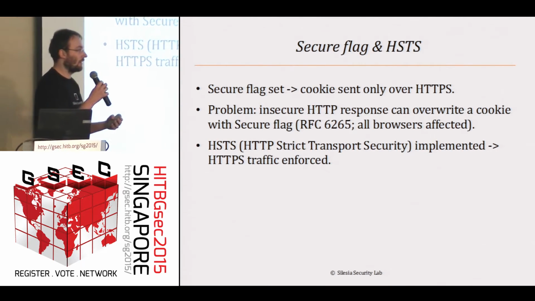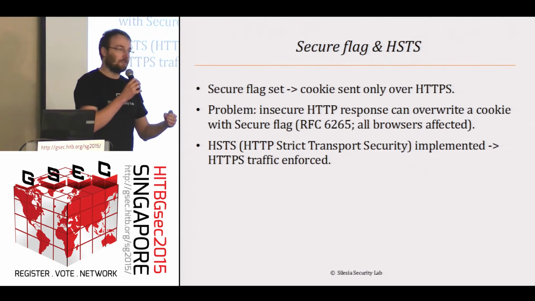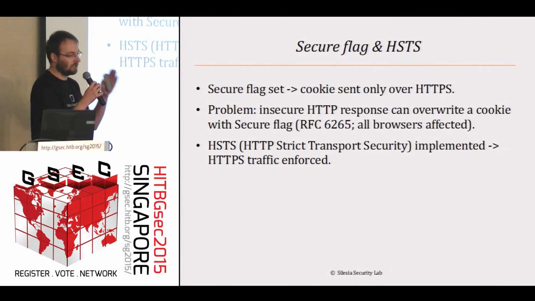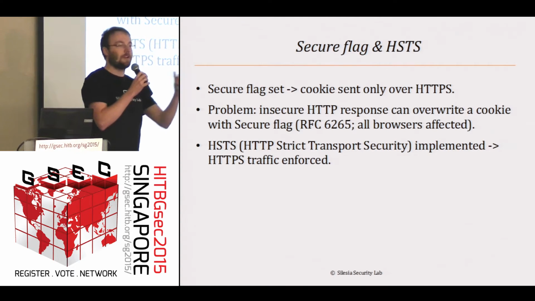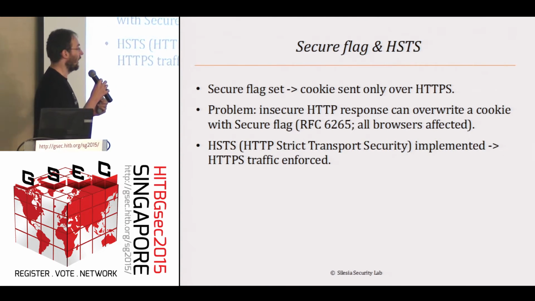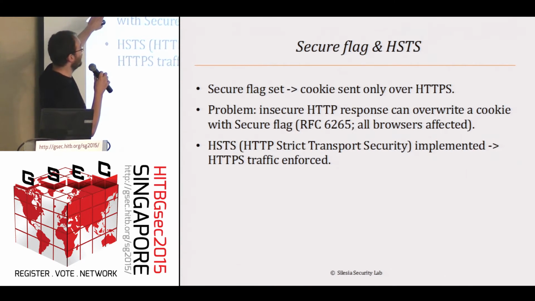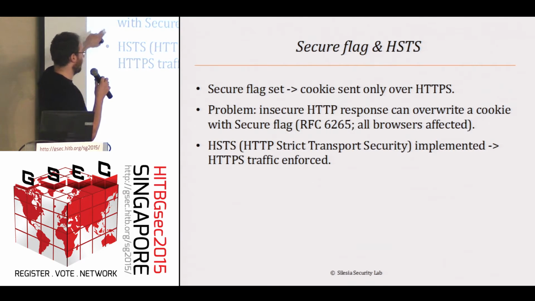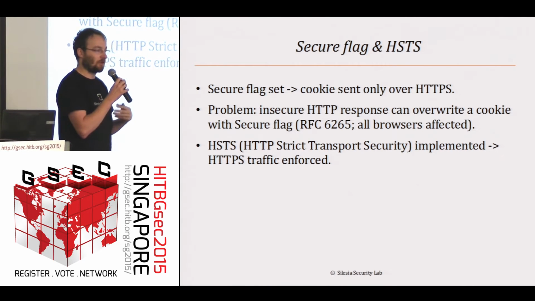Very often people are focused on enforcement of HTTPS via a redirection on the server side. I mean, an HTTP request goes to the server side, the response is 302, so a redirection to HTTPS. But of course, if you don't have the secure flag, then your cookie leaks over insecure HTTP before the redirection happens. HSTS is really powerful because the browser knows that only secure HTTPS requests should be sent.